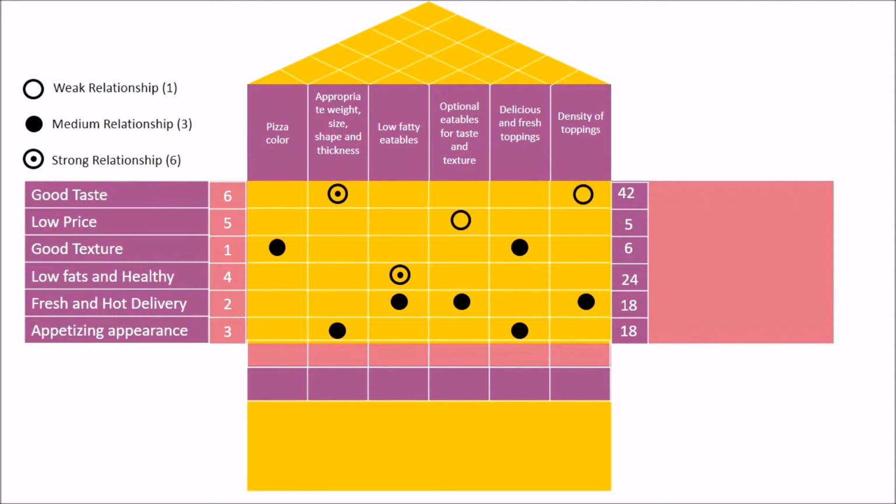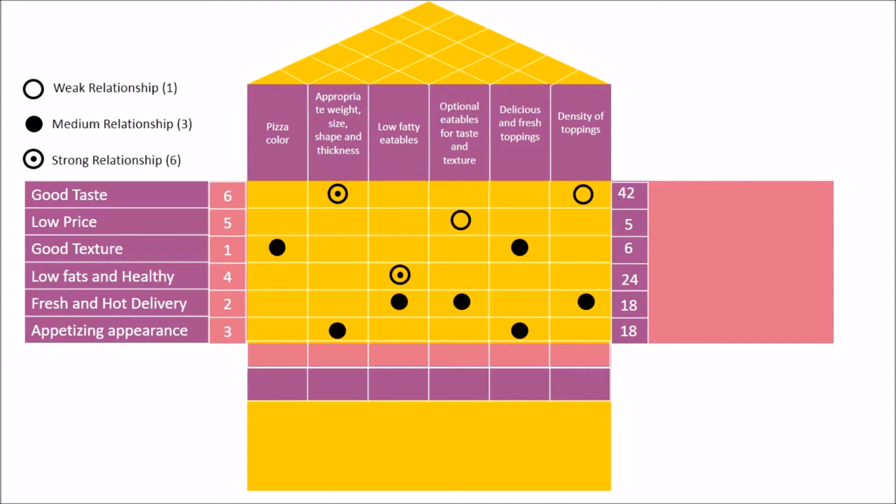And now we will look at this row below, this pink row below here, this one. For this, what we are going to do is go column wise. For the first column, we are going to look at the relationship again. In the first column we have a medium relationship.